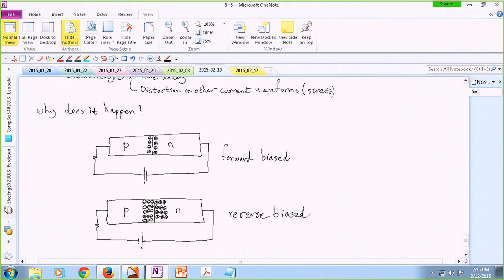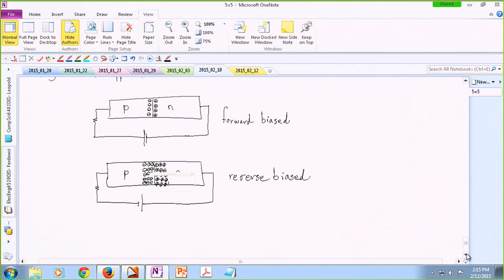So there should be a transient or transition going on to go from forward bias to reverse bias in terms of the motion or diffusion of these minority carriers. And that is actually causing the reverse recovery. Can we eliminate it? No, we cannot. This is just an inherent feature of a PN junction. But there are ways to mitigate it.